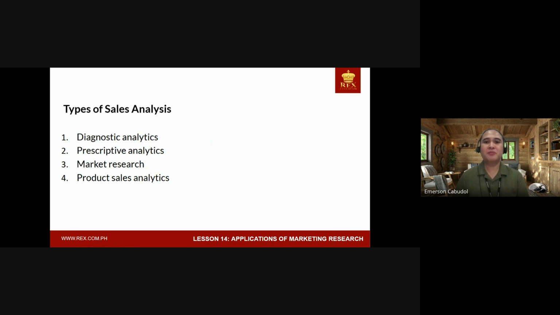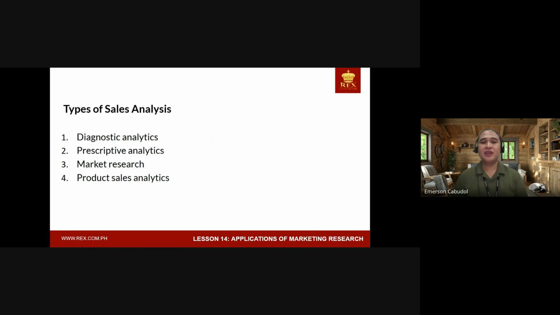Number two, prescriptive analytics. This goes a step further by not only identifying trends and issues, but also recommending actions to optimize future outcomes. It uses data driven insights to suggest the best course of action for improving sales performance based on various scenarios.